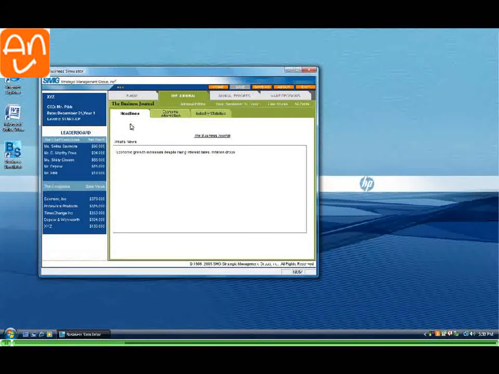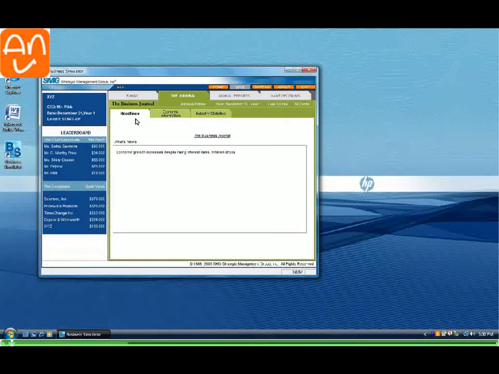Okay, the headlines of the business journal will give you information about what's going on at that time for that industry.